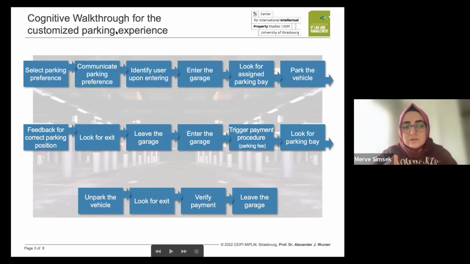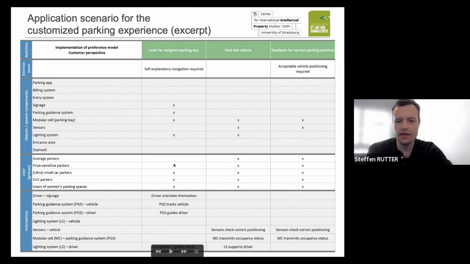This triggers the payment procedure, which is the only thing left to leave the garage. Then they look for the parking area, unpark the vehicle, look for the exit, verify payment, and then leave the garage. So this is a possible walkthrough of a customized parking experience.